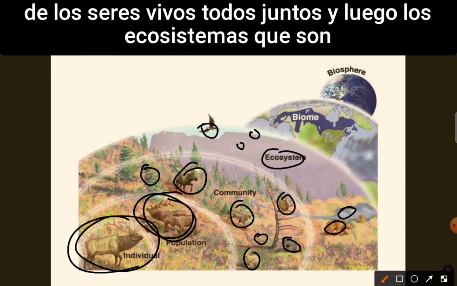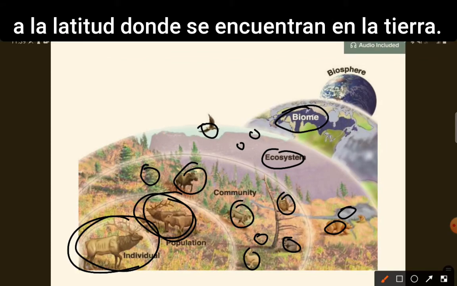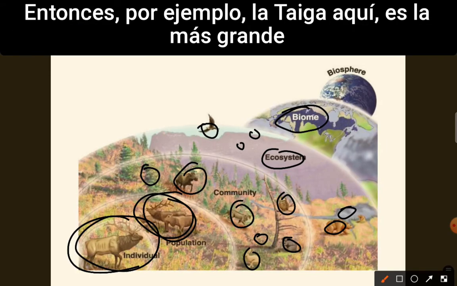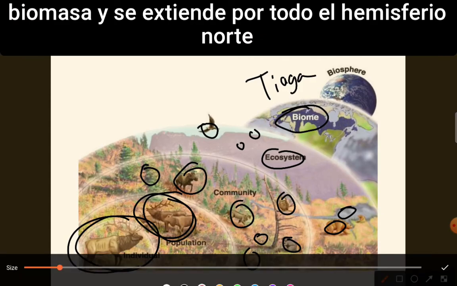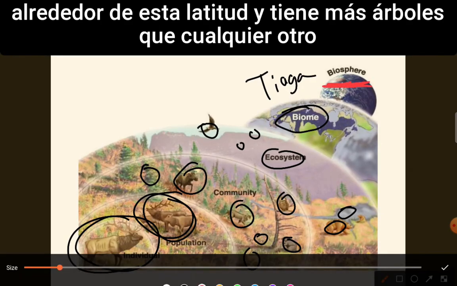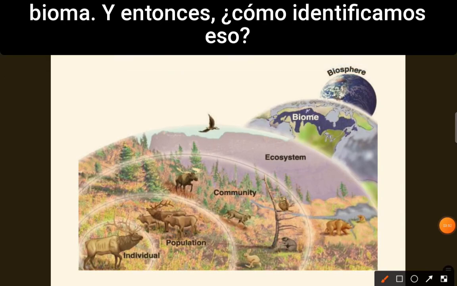And then ecosystems that are similar, we group them into biomes, and it's usually according to latitude where they are on Earth. So for example, the taiga here is the largest biome, and it is all the way across the northern hemisphere at around this latitude. And it has more trees than any other biome. And so how do we identify that?